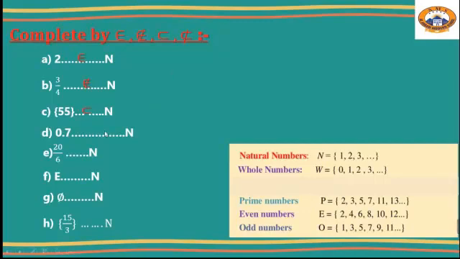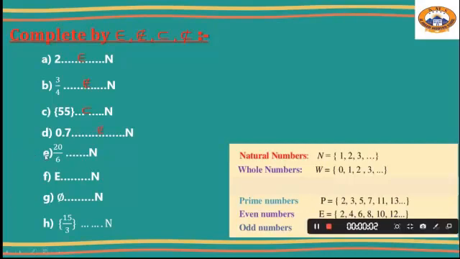Next, 0.7. Is this an element or a set? It's an element, so I will choose from belong or doesn't belong. Is it from the natural numbers, yes or no? No. When I say no, that means it doesn't belong.